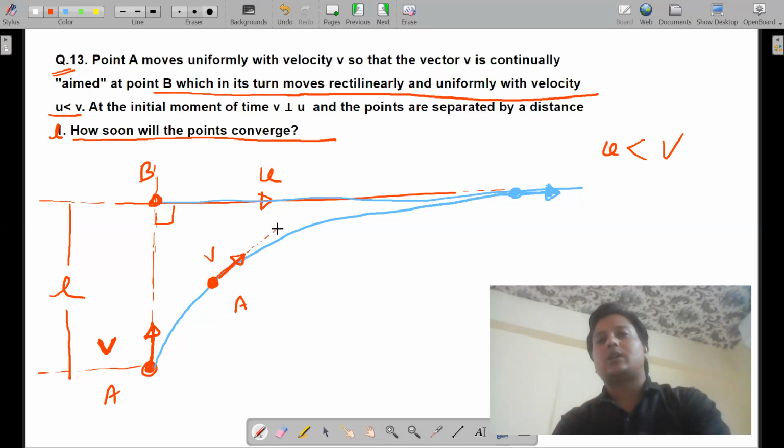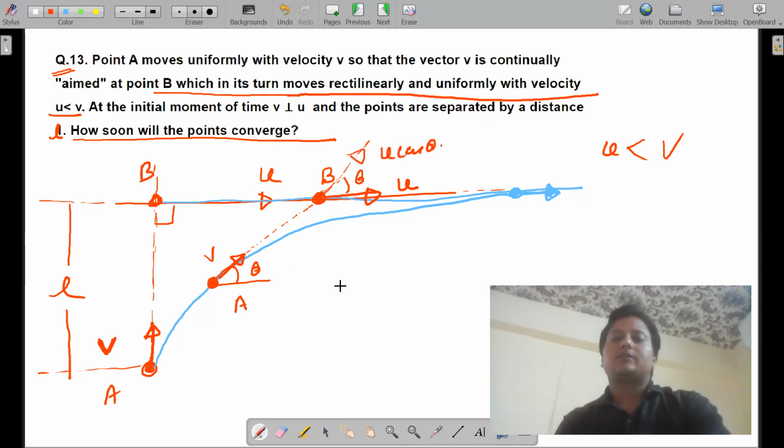And as particle A is always heading toward B, B is now here, moving with a speed u. So we can see that this angle is suppose theta, and this angle is also theta. So you have a component u cos theta. And we have a relative concept we can use.